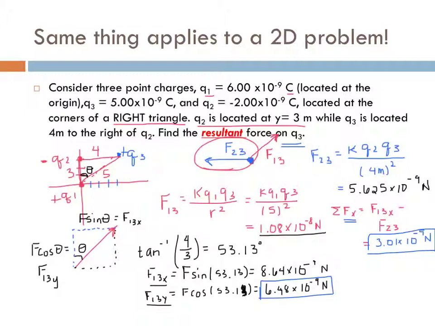But if this is our force in the y and this is our force in the x, then to find the resultant, we need to use the Pythagorean theorem on these two values. Again, to show you what's happening, our net force in the x direction is now 3.01 times 10 to the negative 9.